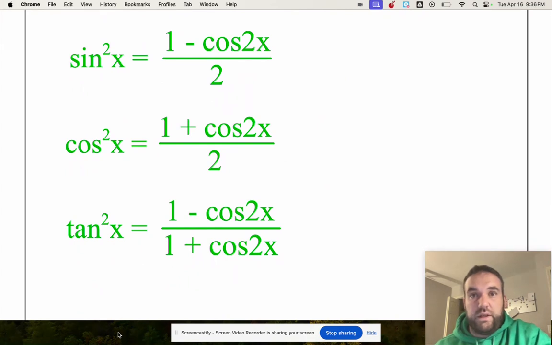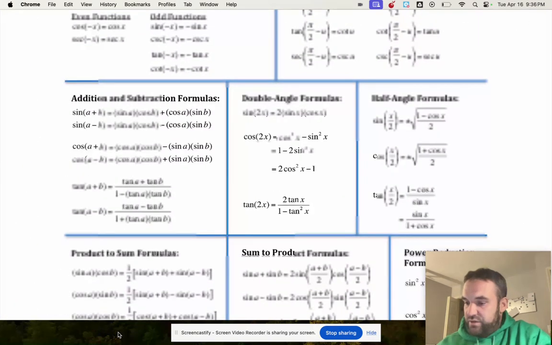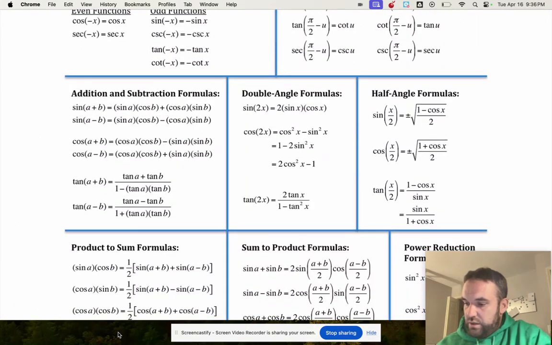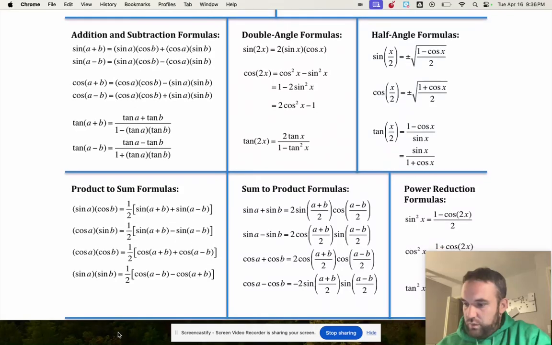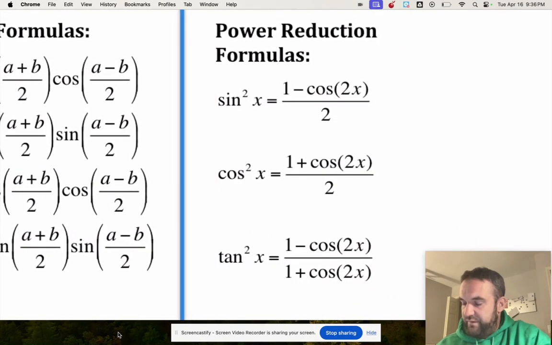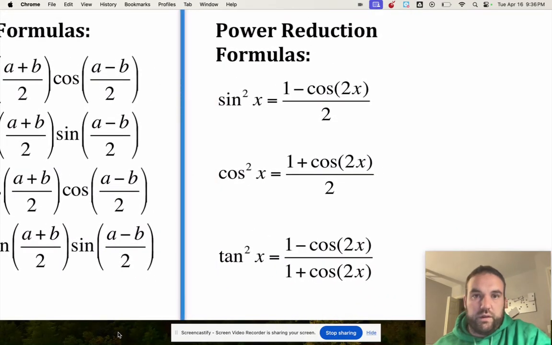And then you'll see the identities for both cosine squared and tangent squared. To show you where that's at on this trigonometric sheet, those are right down here in the very bottom right hand corner. Those are the power reduction formulas.